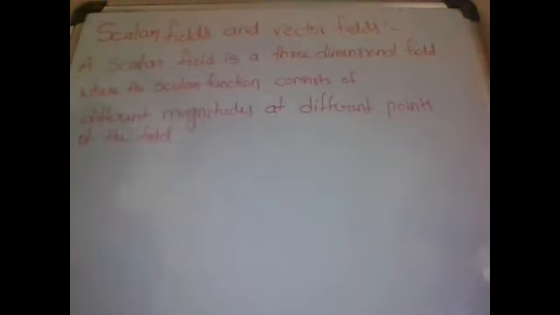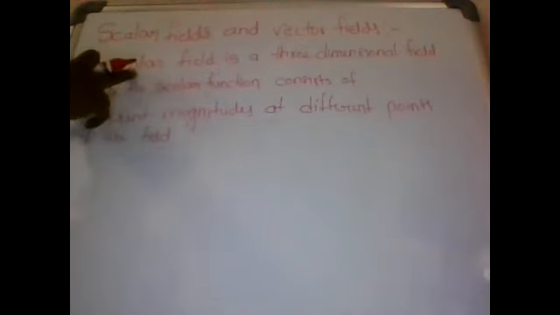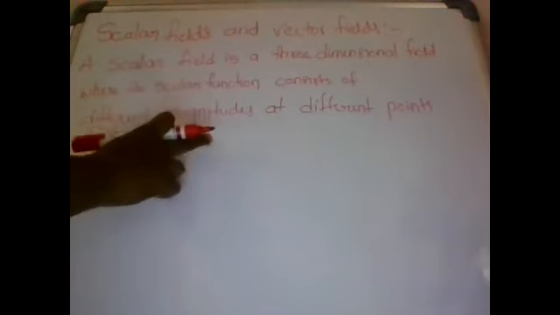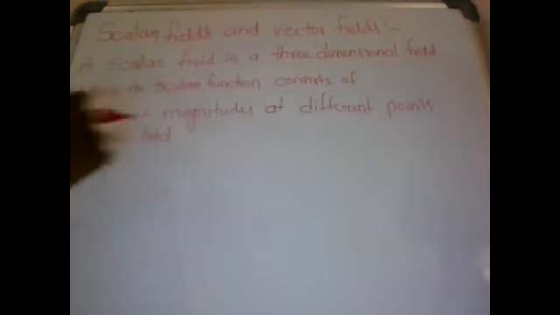What is the scalar field? A scalar field is a three-dimensional field where the scalar function consists of different magnitudes. Here, since it is scalar, there are only different magnitudes at different points of the field.